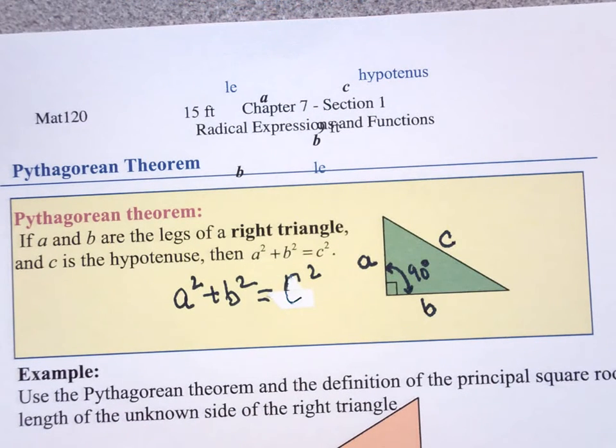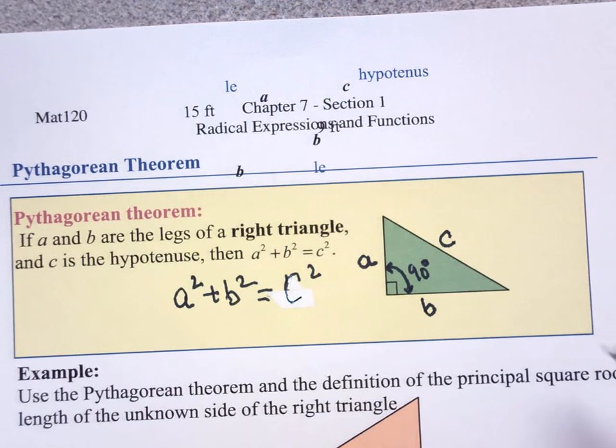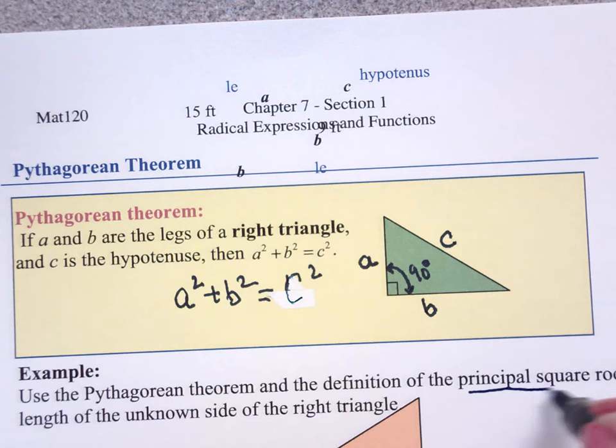So if I look at this problem, it says use the Pythagorean theorem and the definition of the principal square root. Principal square root means the positive square root.